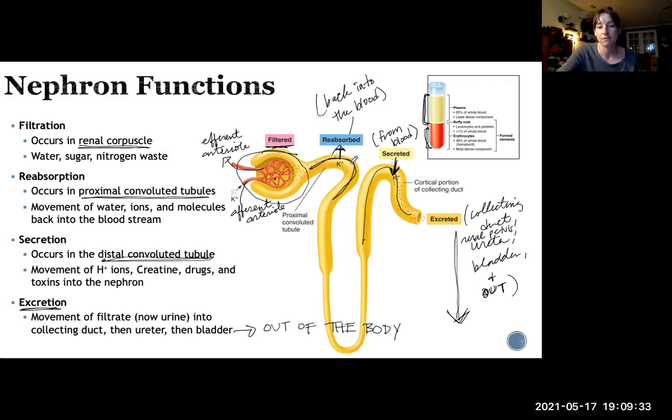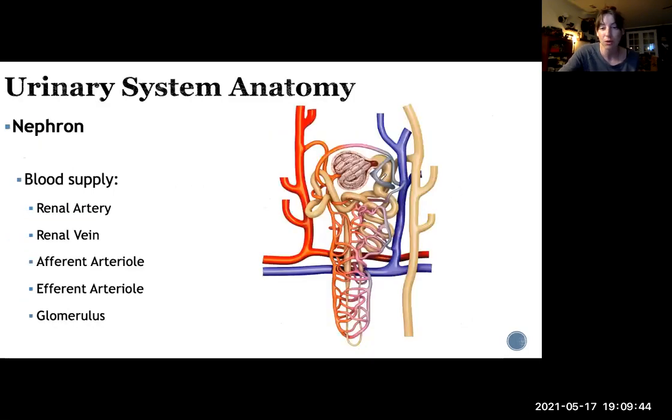So notice this very linear depiction of the nephron. This isn't how actual nephrons look. In fact, nephrons look a little bit more like this. Look how looped and coiled it is all over itself. So the glomerular capsule or the renal corpuscle is actually kind of in the middle here.